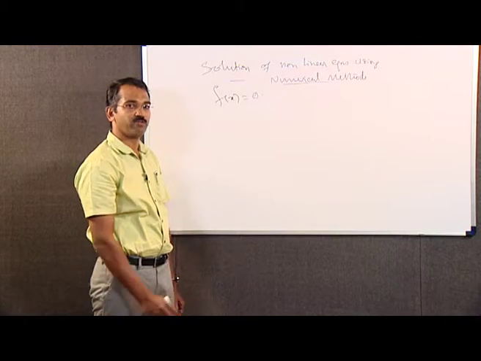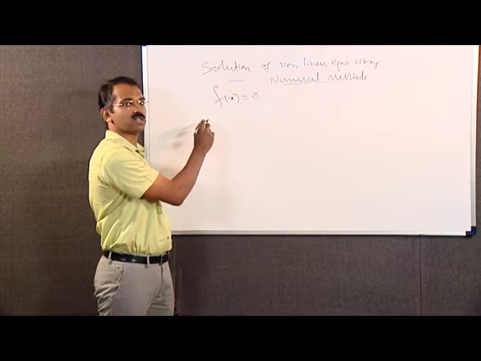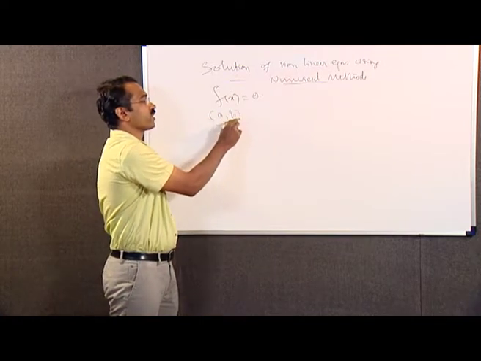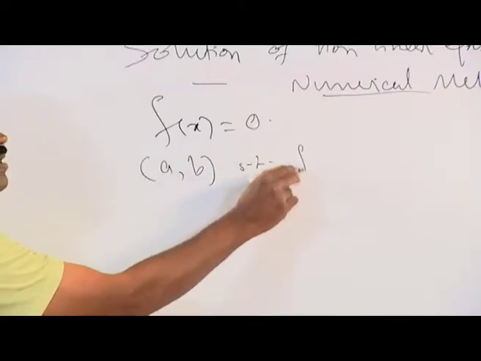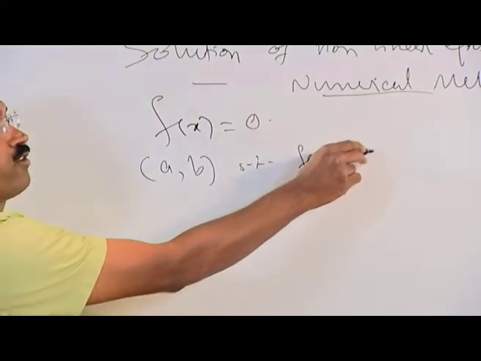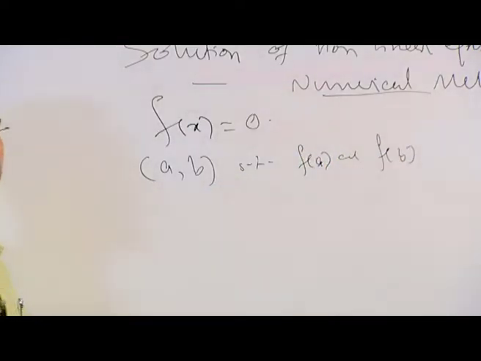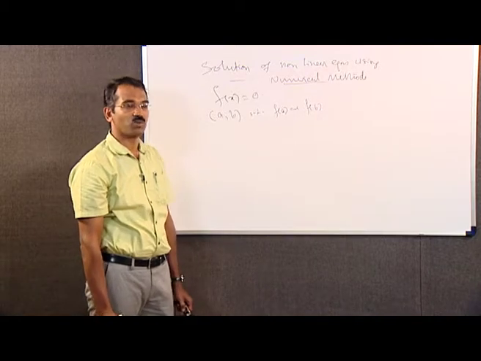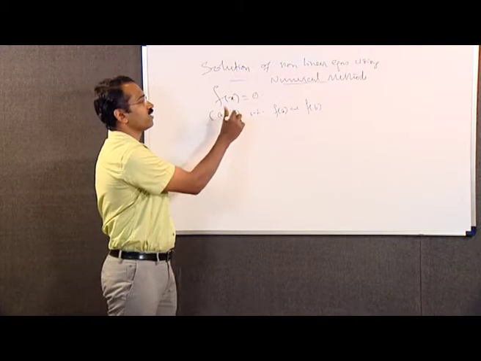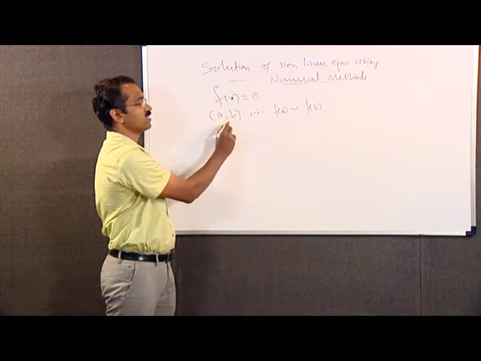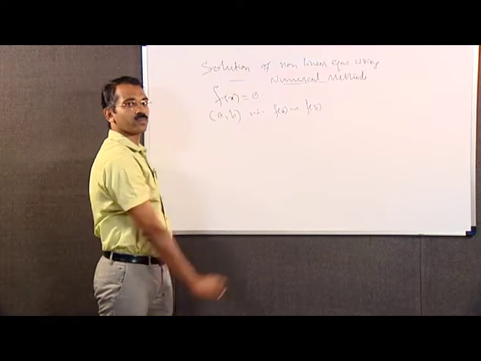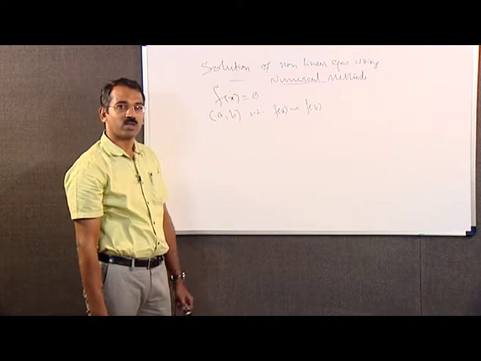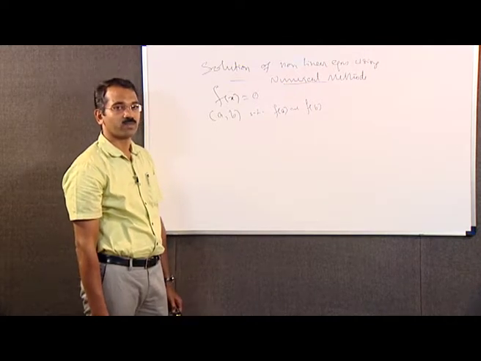That is, if f of x is a continuous function on an interval a b, such that f of a and f of b are of opposite signs, then there exists at least one root of the equation f of x equal to 0 in this interval a b. This theorem or this property may be known as the location theorem.